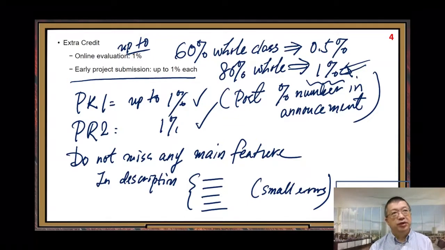If you do a very poor job, definitely you should not be qualified for extra credit. All right. That's the information I'd like to give you in the first 2 videos about the syllabus. So let me stop our second video right here.